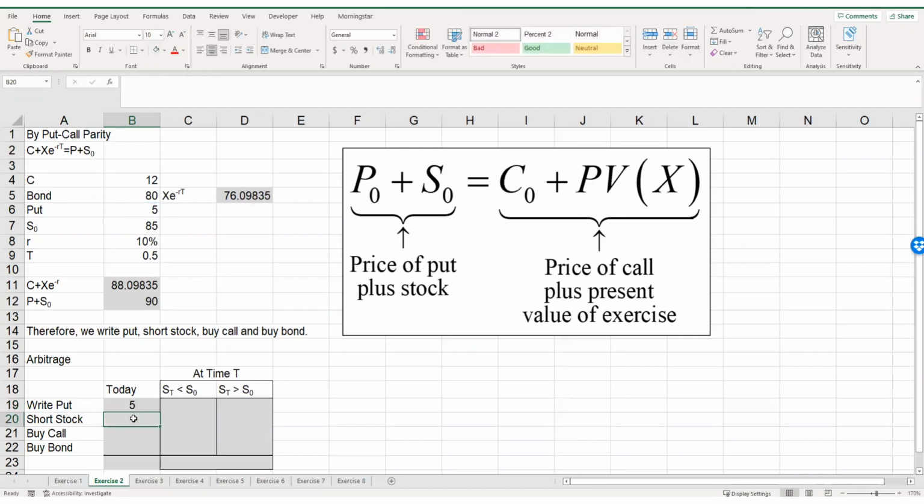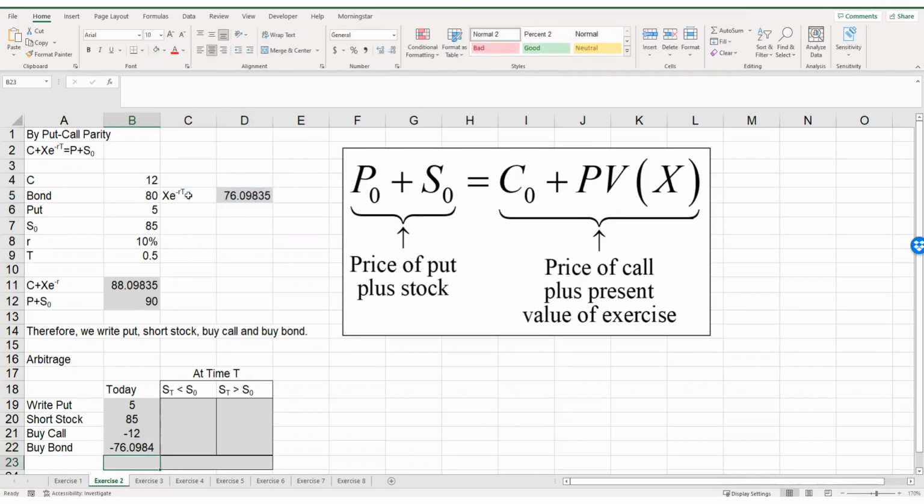Shorting the stock today, what you'll get is the current stock price, 85. Buying the call, you need to subtract the call price for buying it. And for buying the bond, you need to pay the bond price, which is 76.